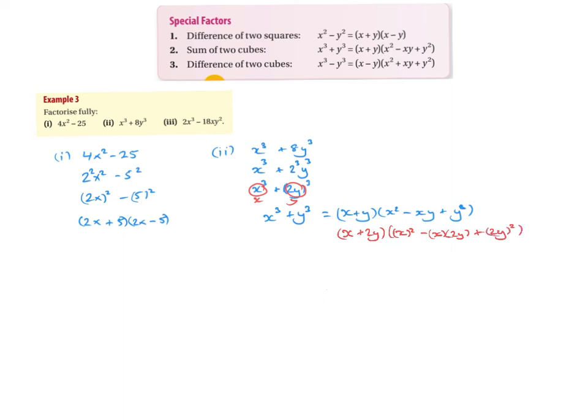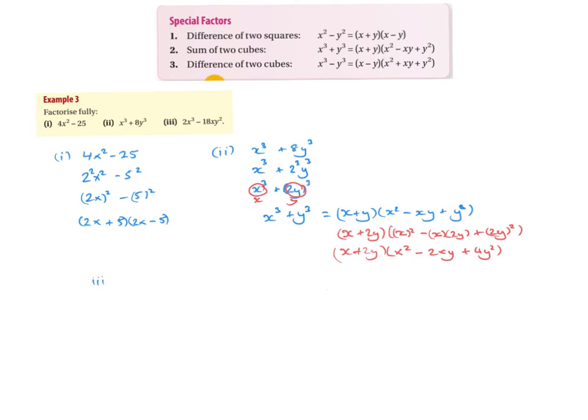And don't forget to close that bracket up. Then we're going to tidy it up. So we get x plus 2y, bracket. X squared is just x squared minus 2xy. And I've got plus 2y all squared, which is 4y squared. And I am done.